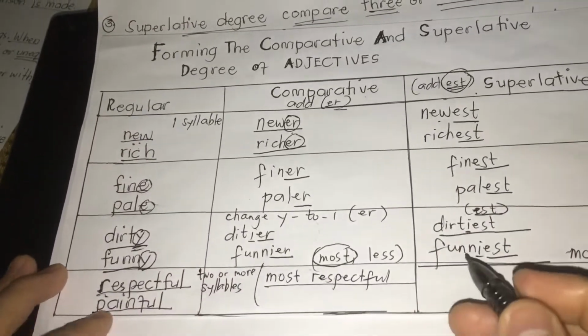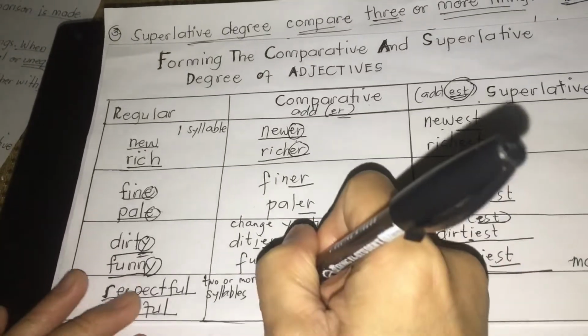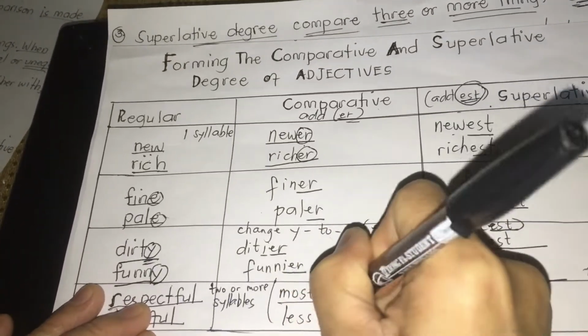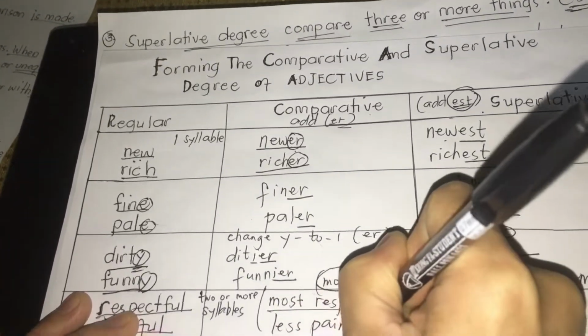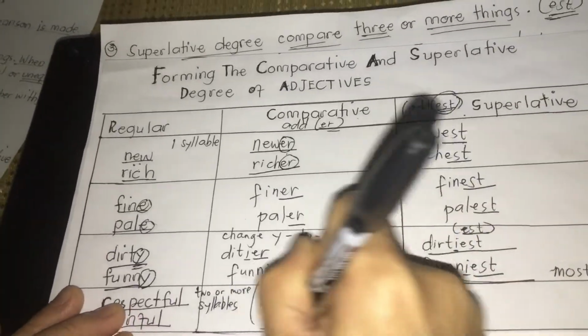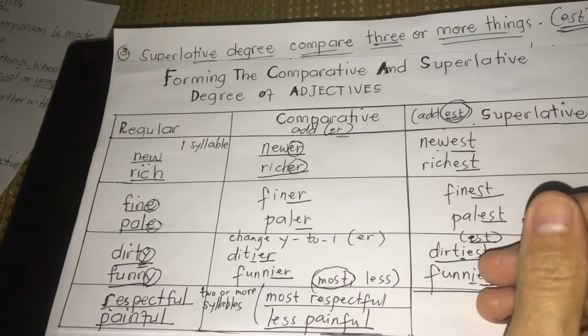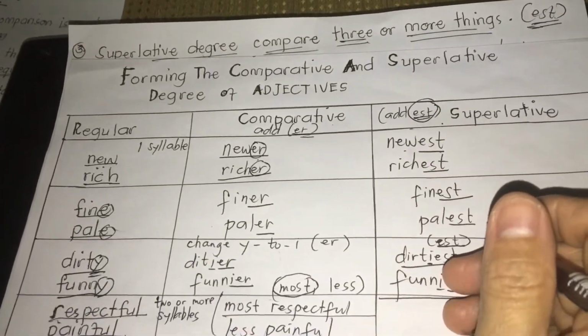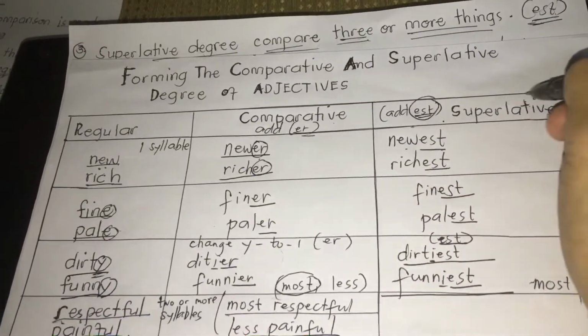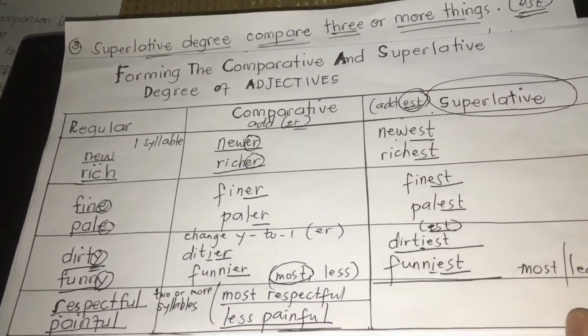Then painful, it's either most painful or less painful. That's our answer for comparative. Next, we have our superlative form.